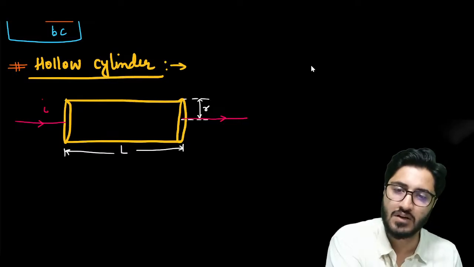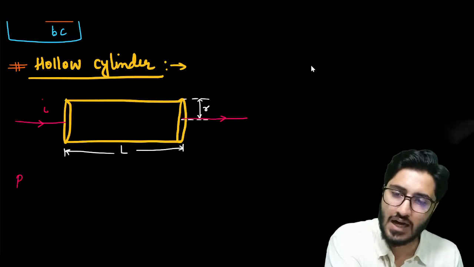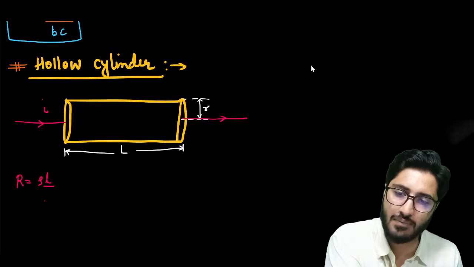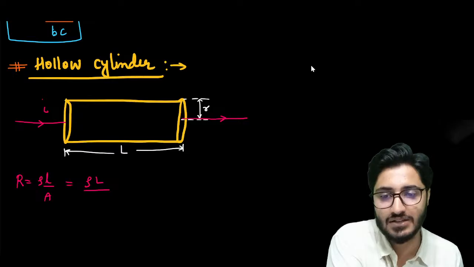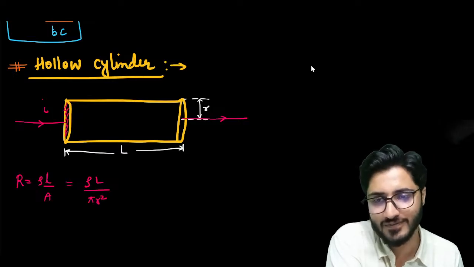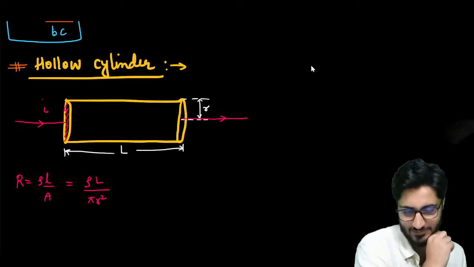How to write R now? Sir, R is equals to rho L by A. Rho is rho, L is L. What is A? A is pi R square, the area of this particular end.